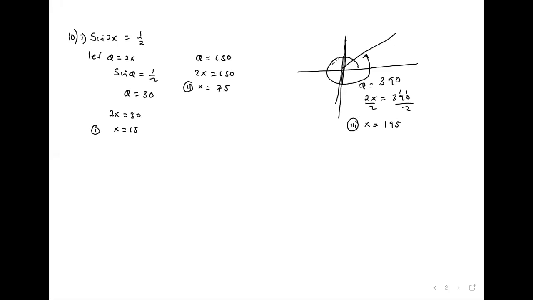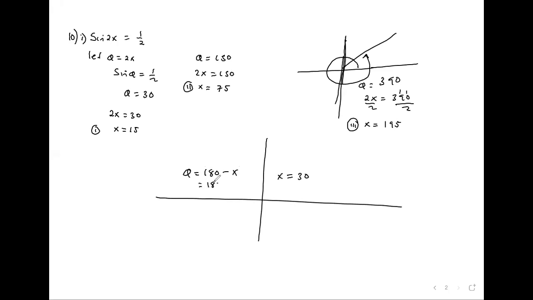The 150 is coming from the second quadrant where theta is 180 minus x. Now the x we have is 30. So in the second quadrant, you get 180 minus 30, which is 150. So again, here you can get so many angles because we have 3 so far just in the first quadrant.